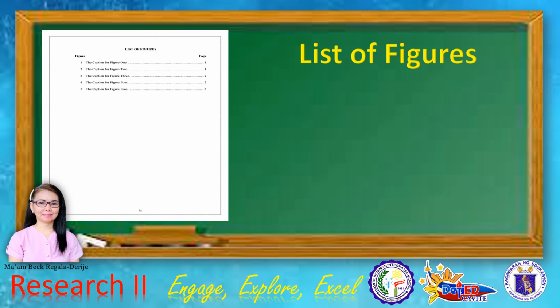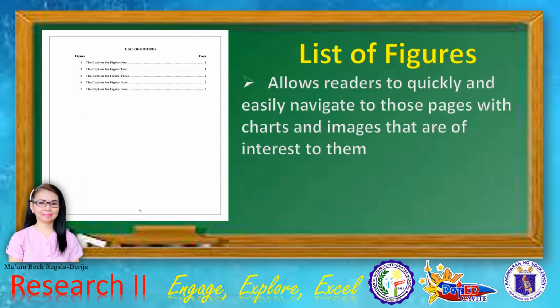Now we have the last introductory section, the list of figures. This allows readers to quickly and easily navigate to those pages with charts and images that are of interest to them. And again, to save time in making lists of figures, be sure that you set the font styles, font size, and margins.